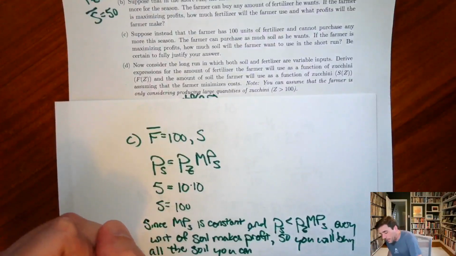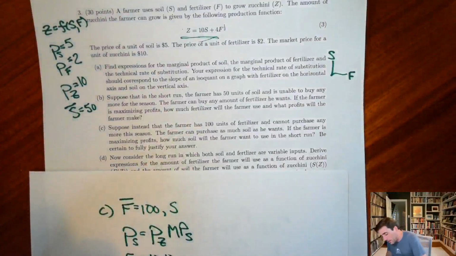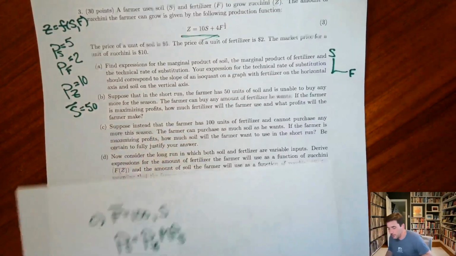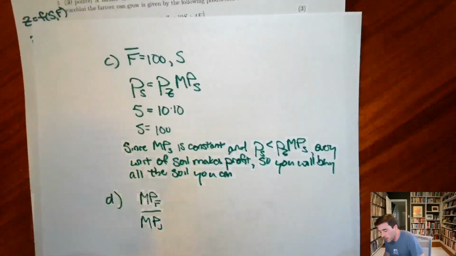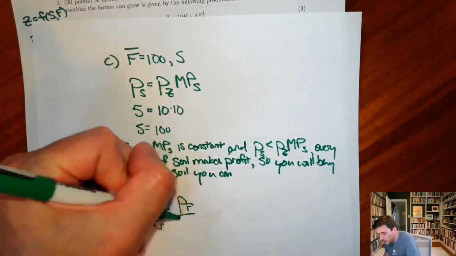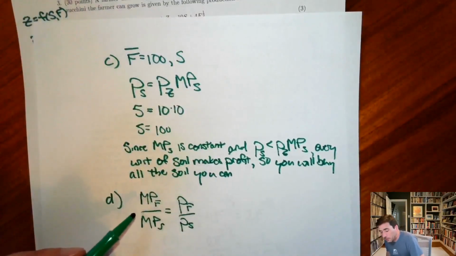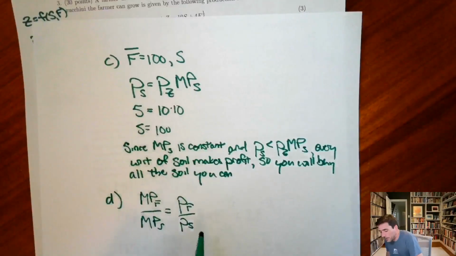So another way of saying that is that if we go back to how we were doing our graph earlier with S and F as our two axes, we want to set that technical rate of substitution, that marginal product of F over that marginal product of S, equal to the ratio of the prices of those inputs, the price of F over the price of S. So this on the left, technical rate of substitution, is the slope of the isoquant. This on the right, the ratio of prices of the inputs, is the slope of those isocost lines.